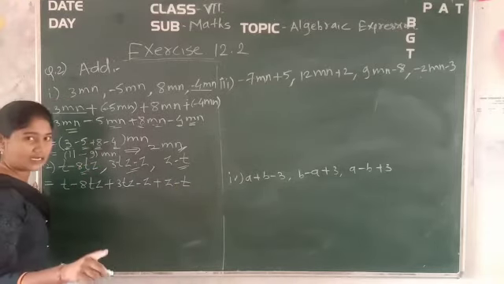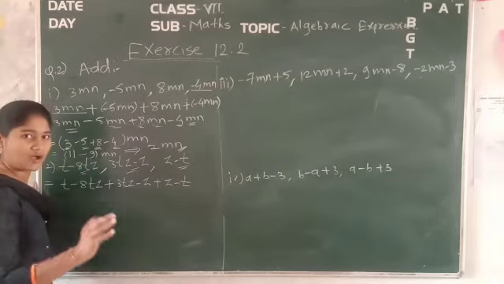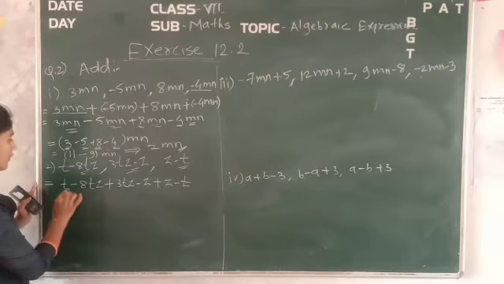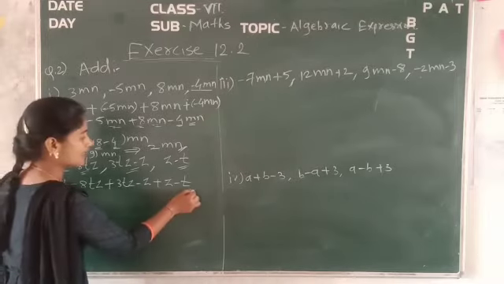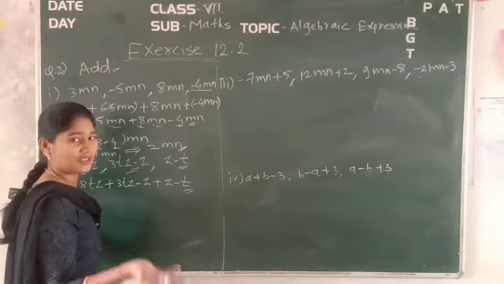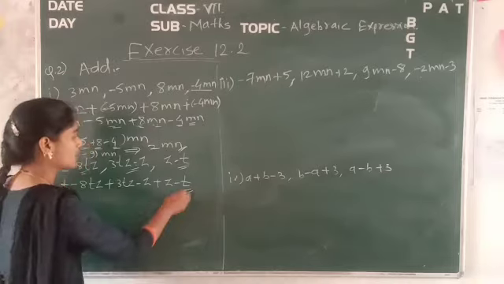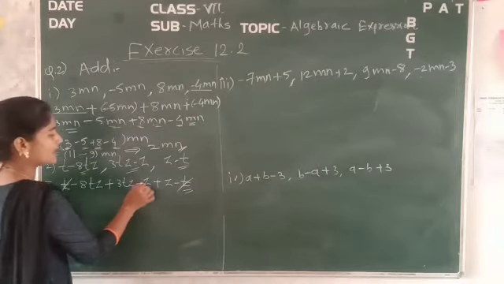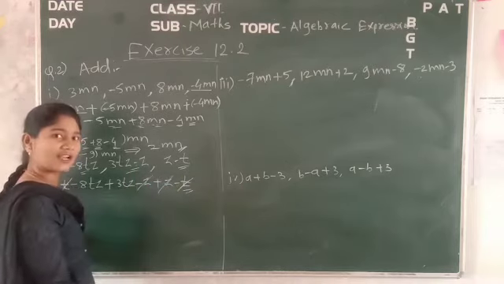What is the first step now? To take the like terms towards each other. So first of all, plus t is here, and minus t is there. What will happen? Opposite terms cancel out, so plus t minus t will be cancelled out. What is the next term? Minus z plus z will also get cancelled out.